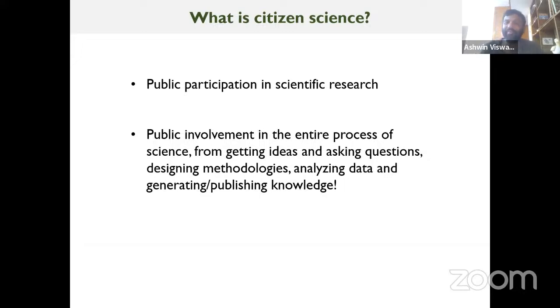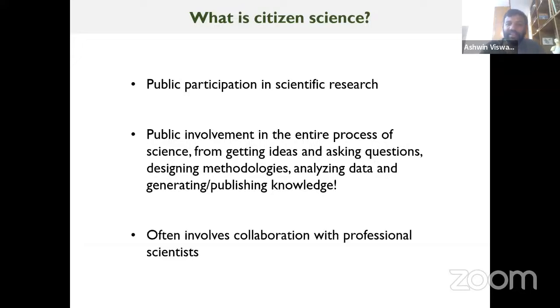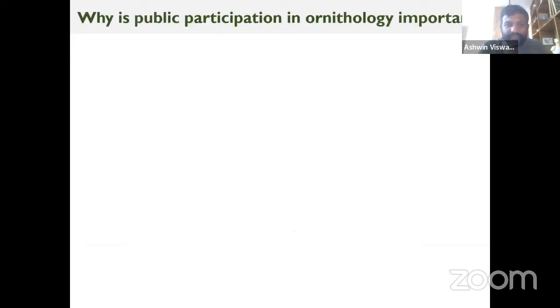So it's the entire process. And as communities develop their scientific temper, more and more science is produced from the general public. This also involves collaboration with professional scientists. Citizen science projects typically involve somebody who can guide and mentor the growth of other scientists among the community.